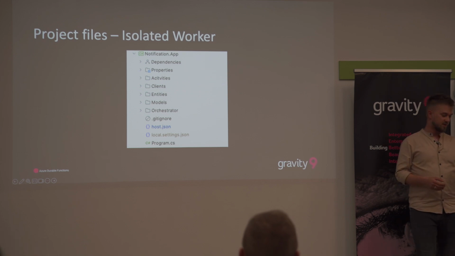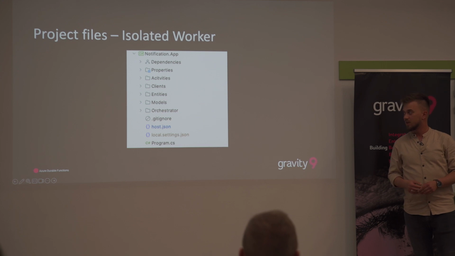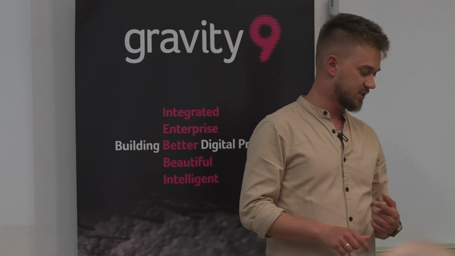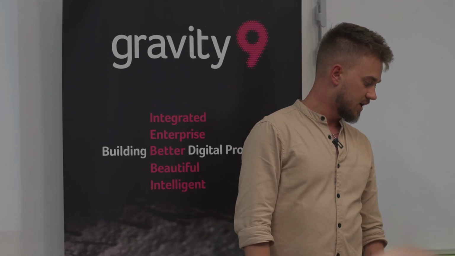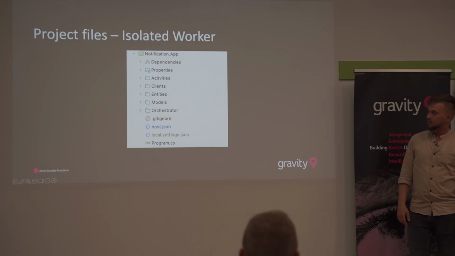You just get the Azure Function defaults built in, so you don't need to think about things I mentioned before, like authorization and authentication, at the start. You, of course, don't need to bother about those folders here, because that's a screenshot from the application that I'm going to demo at the end.